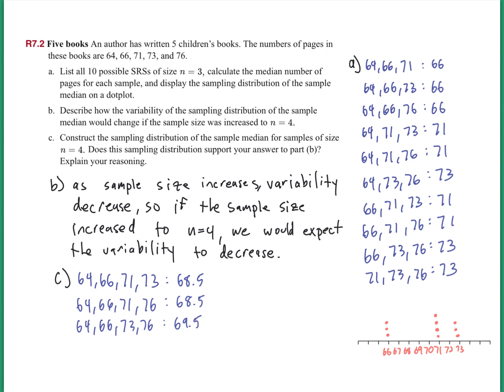Okay, next one. We'll leave out 66. Okay, the average of the middle two is 72. And then we'll leave out the first one, 64. Okay, and the average is 72.